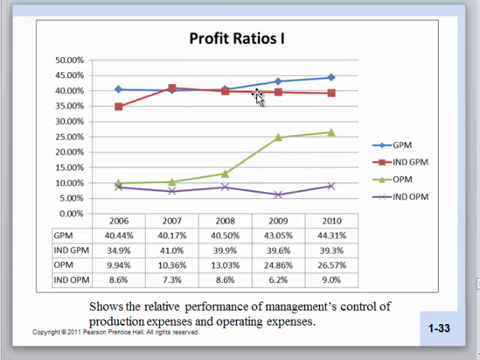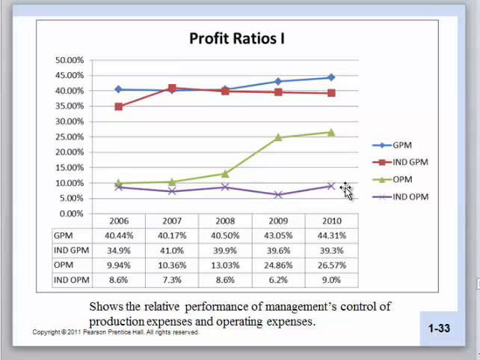Again, if you notice here, Coors has a little bit of an upward slope. They're better than the industry. So they're not dramatically better, but they are producing more profit from the production and sale of their beverages than the industry is. What about operating profit margin? Again, it is substantially higher than the industry.